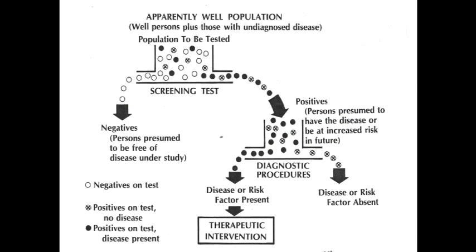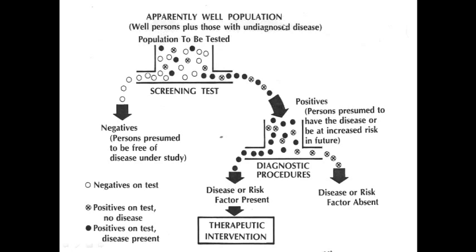If you look at this particular figure, you can see that we start with an apparently well population. What I mean here is people who do not show symptoms of the disease. But that includes all people who are well because they don't have symptoms, plus all those with undiagnosed disease.